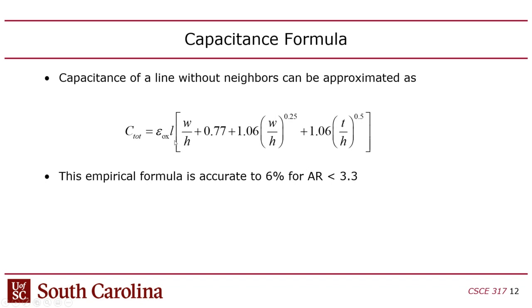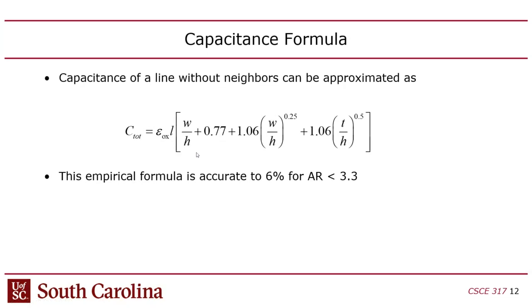But anyway, that's what that epsilon is. And for an integrated circuit, you always use silicon dioxide, so generally that's always going to be the same. The height, on the other hand, is related to the thickness of the oxide, and they do reduce the thickness.